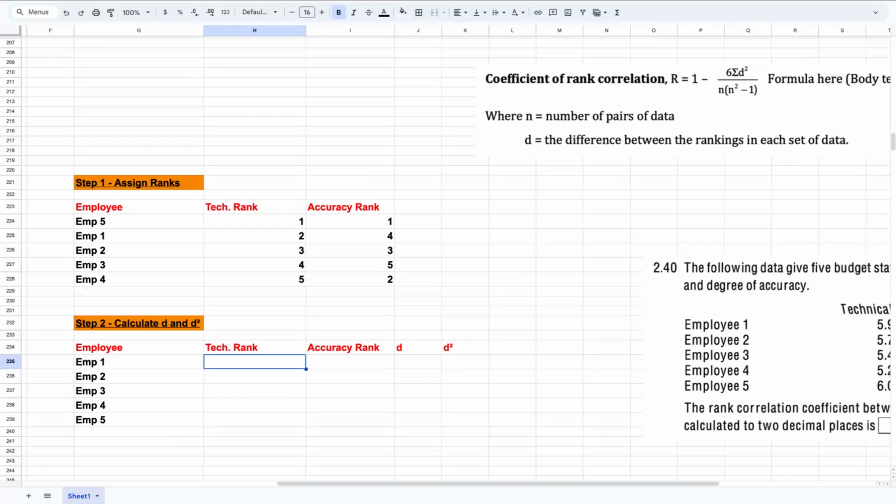So I'm going to categorize this tech rank and accuracy rank. For employee 1, this is 2, 4. The same data I'm just organizing in a good manner. And employee 2, that is 3, 3. Employee 3, 4, 5.